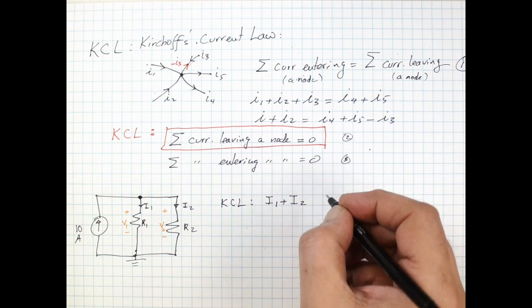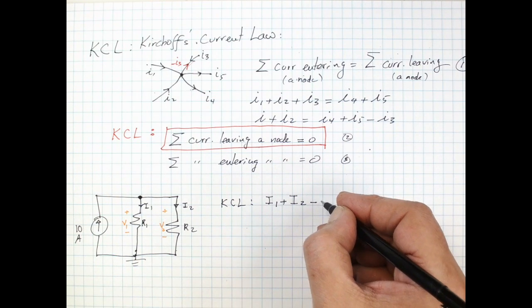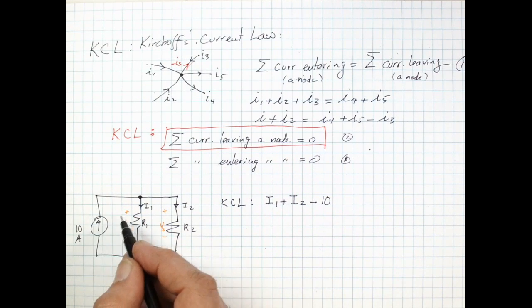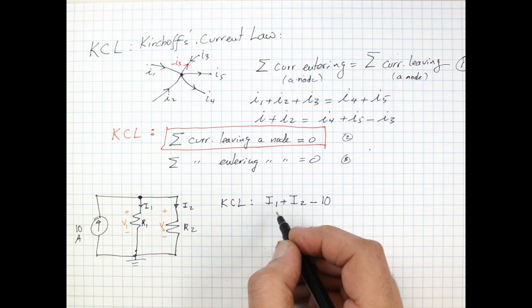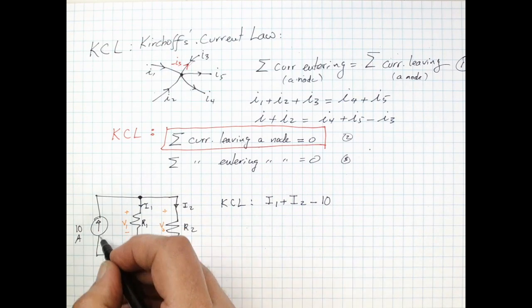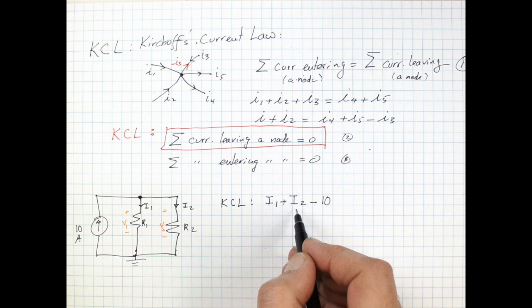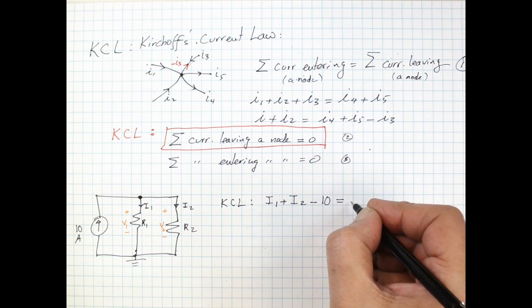When something is entering, we just put a negative in front of it. So 10 amps entering is equivalent to minus 10 amps leaving. So we have I1 plus I2 minus 10 is equal to 0.